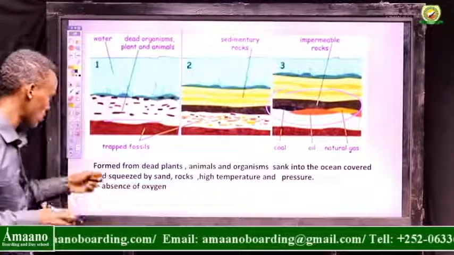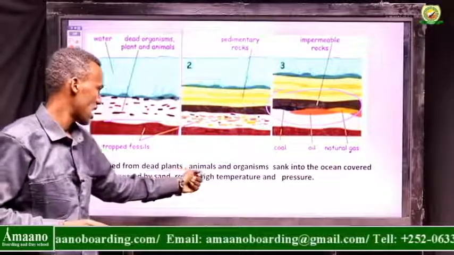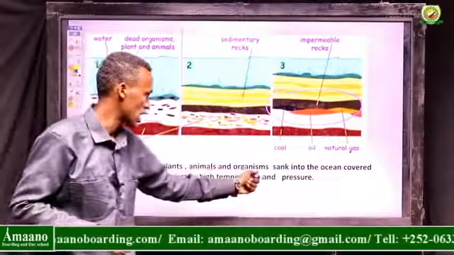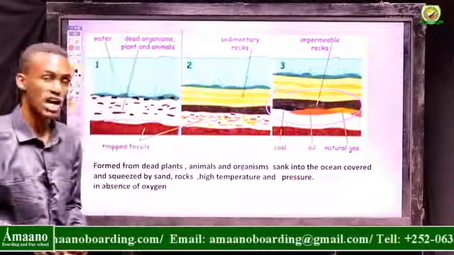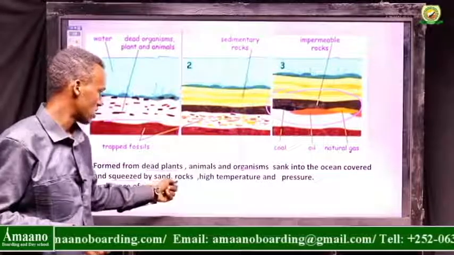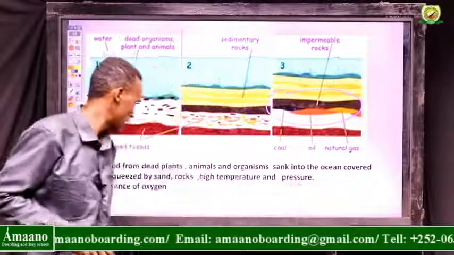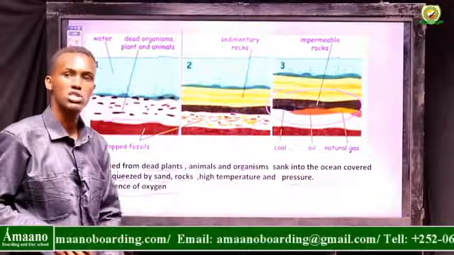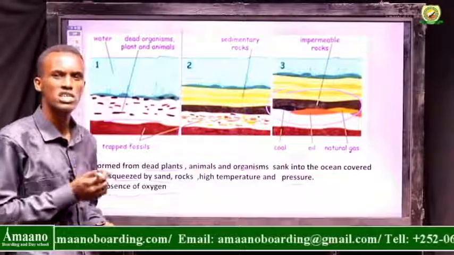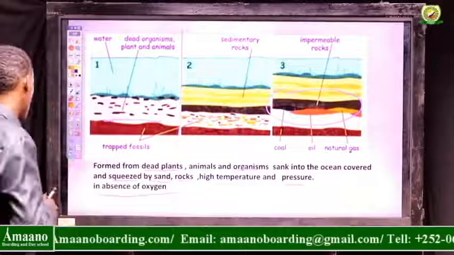They are formed from dead plants, animals, and organisms sinking into the ocean, covered and squeezed by sand and rocks in high temperature and pressure in the absence of oxygen. Because of these conditions, fossil fuels form.